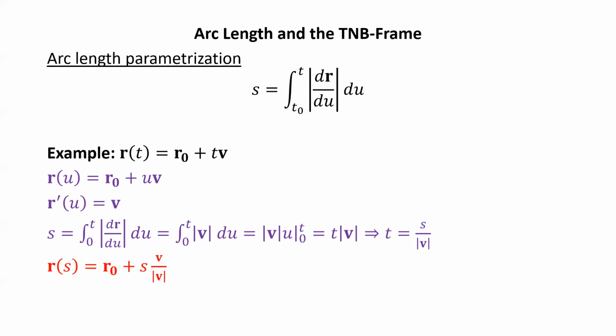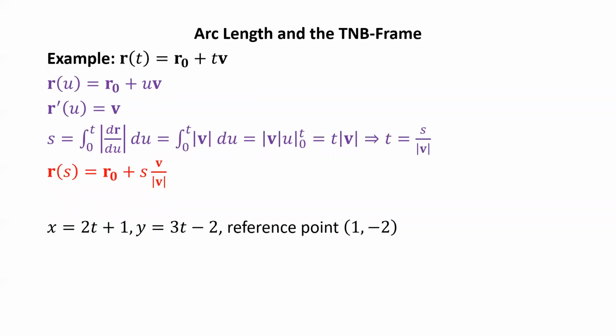What we've just discovered is that we could change an arbitrary parametrization of a line to an arc length parametrization simply by normalizing the vector that we used in the definition of the parametrization. So as long as you're using a unit vector for the vector that's parallel to the given line, you will automatically have an arc length parametrization.